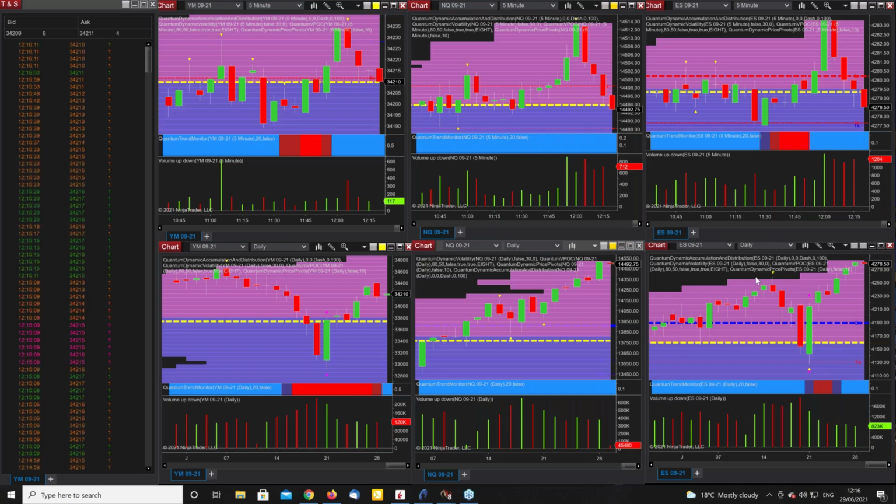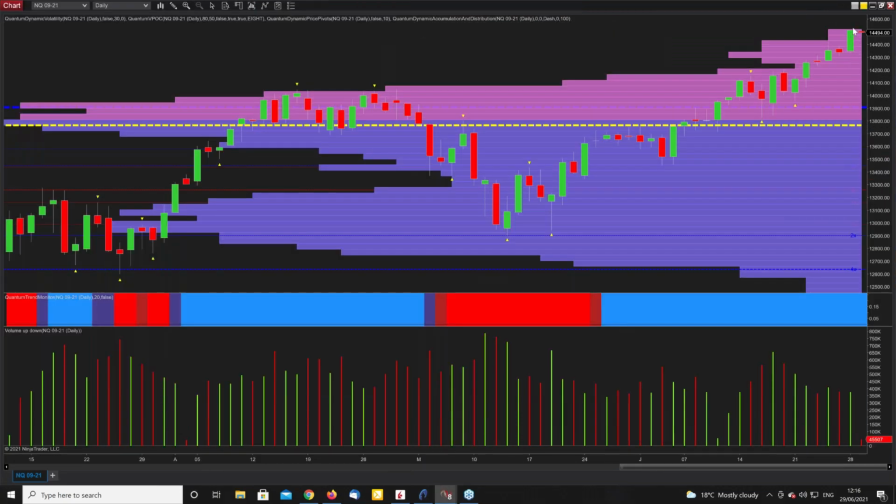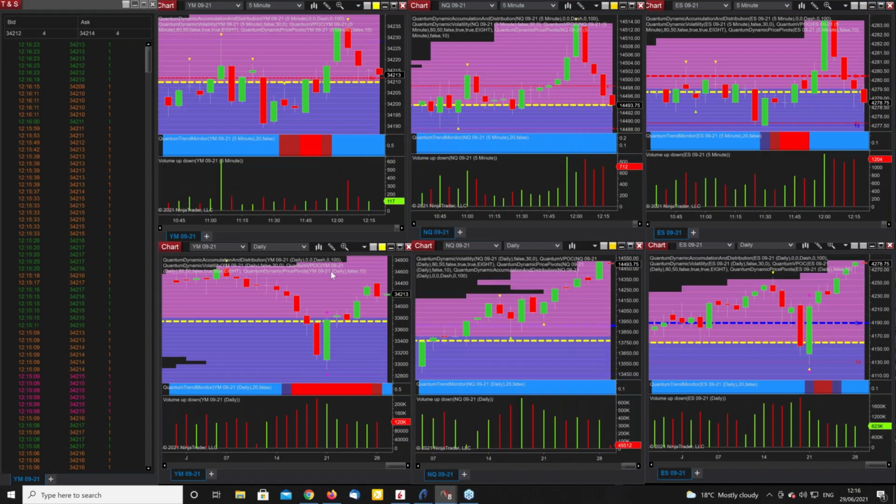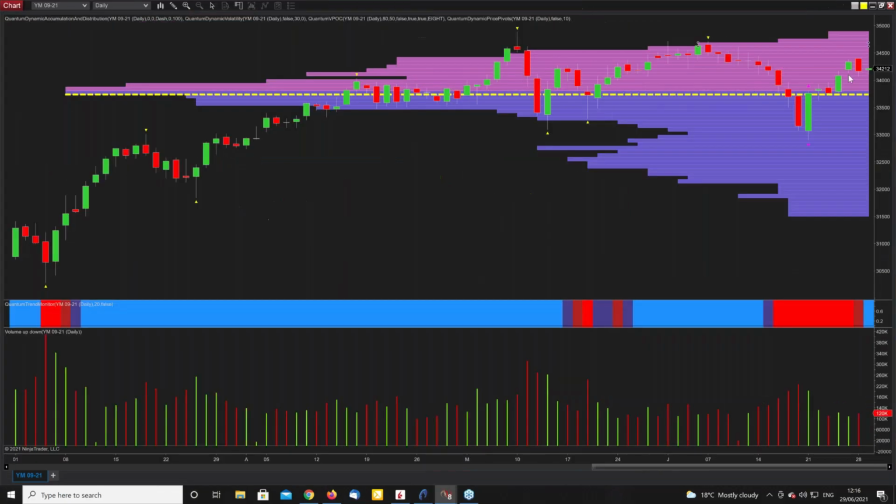This is where we are with the indices. We've got the YM, the NQ, and the ES on the bottom in terms of daily, and up the top we've got the 5-minute equivalent. This is just what I was talking about earlier in terms of divergence. This was yesterday's price action, a nice wide-spread up candle. Indecision today, it's all back to nerves about COVID and what have you. Yesterday, what did the YM do? YM sold off.